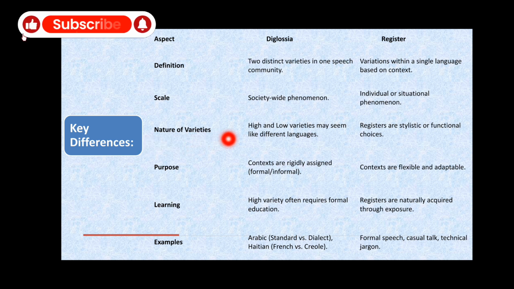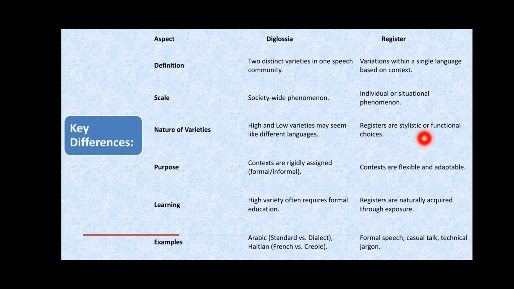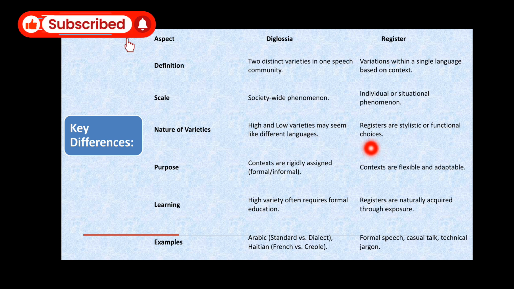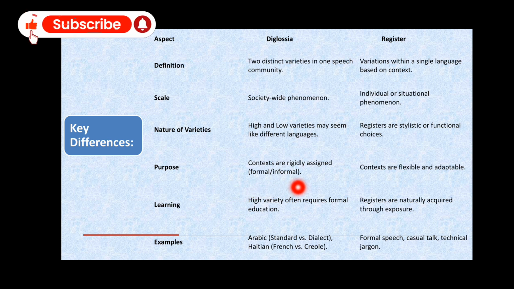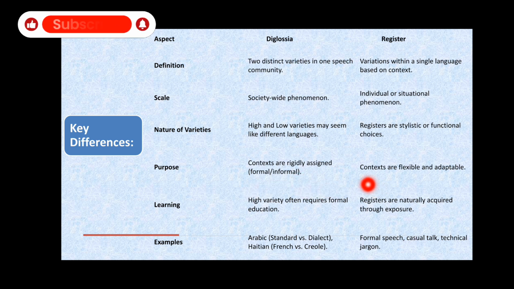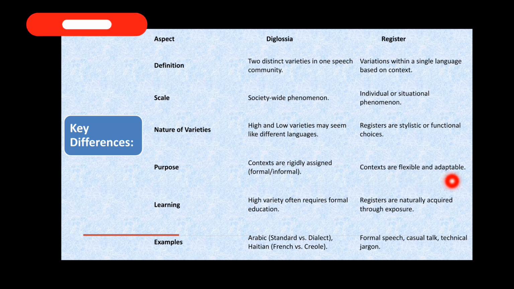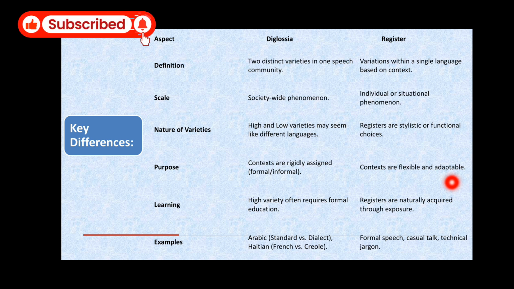Nature of varieties: high and low variety may seem like different languages, and register is a stylistic or functional choice. So your tone changes and choice of words changes. Purpose and contexts in diglossia are rigidly assigned, formal and informal. It's very rigid. It does not change easily. And in this one, contexts are flexible and adaptable. Easily you can change the context and your register changes.